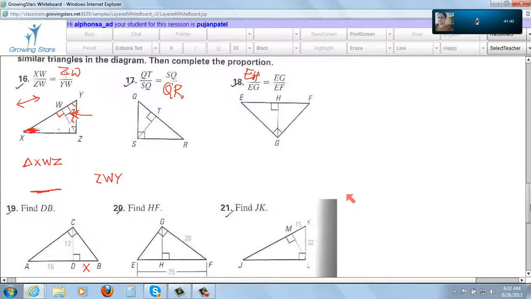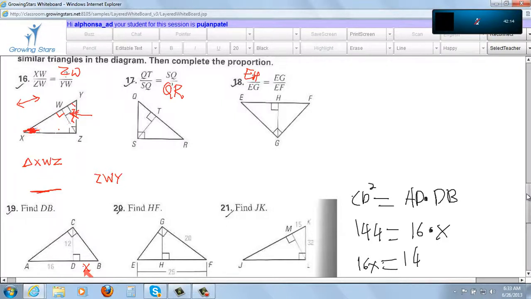No, it's CD, the altitude in the middle, so it's just the product of the two segments. So it'd be 12, 144 equals 16 times x. So 16x equals 144.